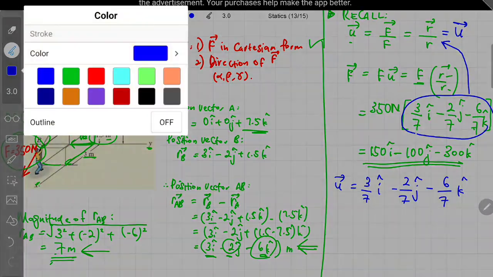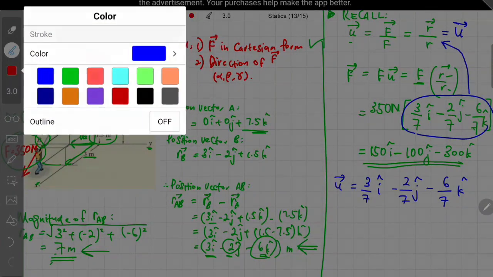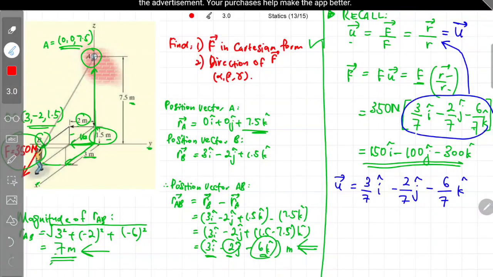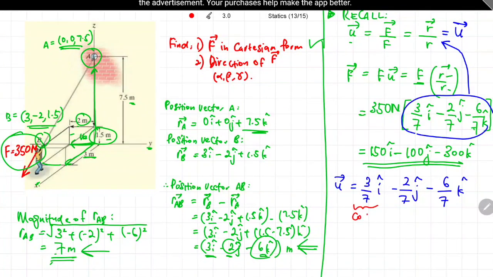And if you recall, each component of the unit vector represents the cos angle of the respective direction. For example, the component along the i direction ataupun along the x-axis is actually equivalent to cos alpha. The magnitude of the component in the j direction is equivalent to cos beta.